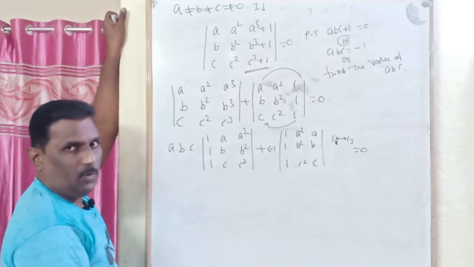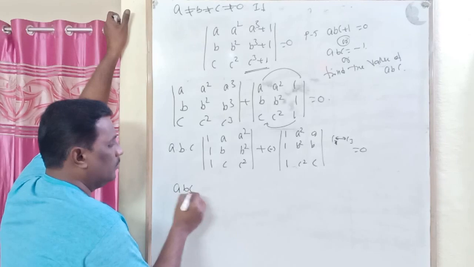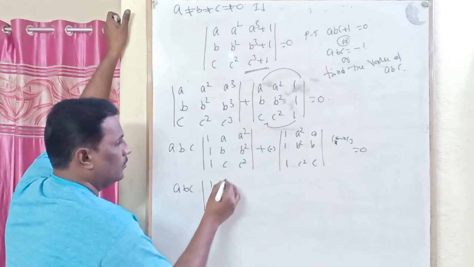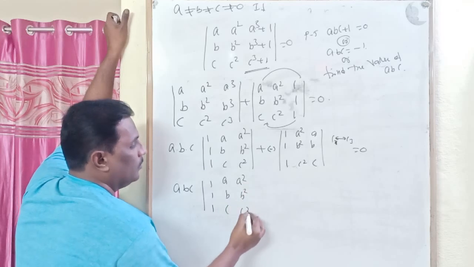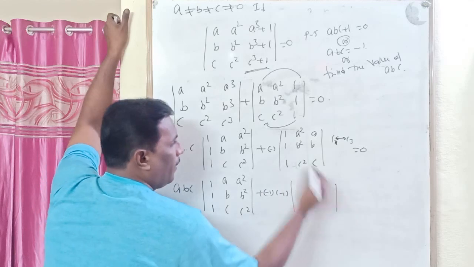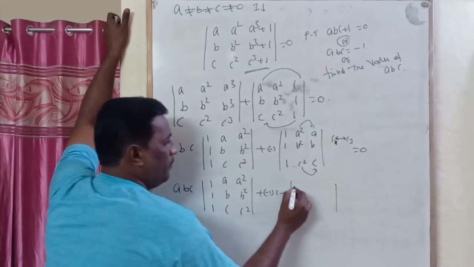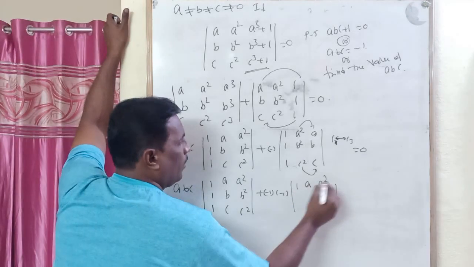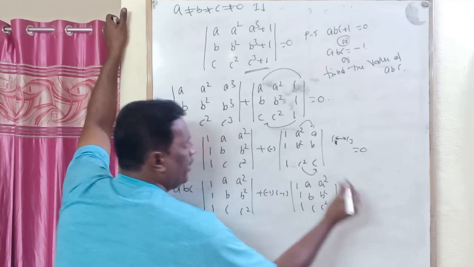Still this and this are not equal, only one column is made equal. Again these two I am going to change because I want this to be same. Equal to 0.